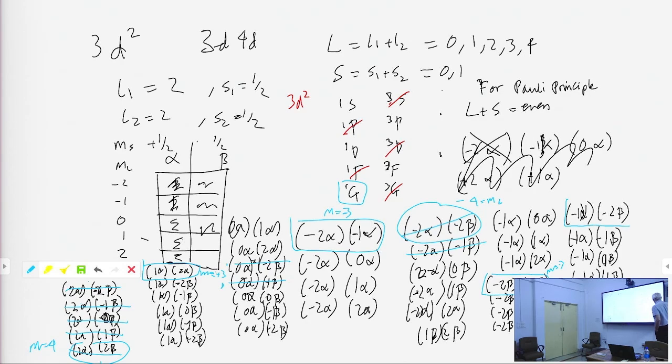There must be some more here. There should be three +3s and three -3s, I think.